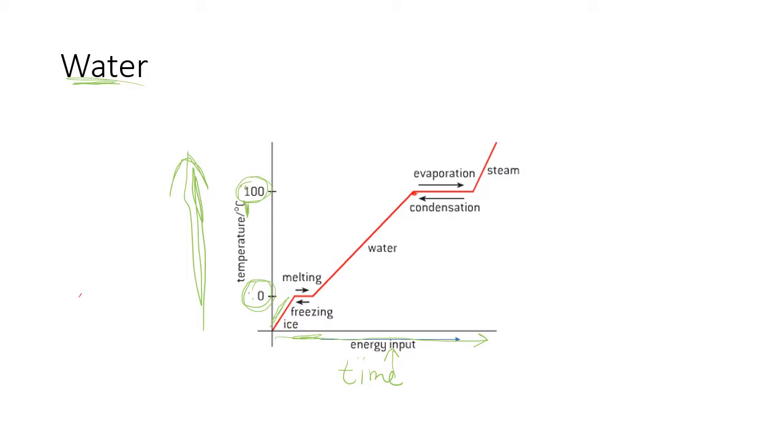And here you can see that once it gets to 0, this is the point that they're teaching, this spot right here. Energy is still being put into the water, but the temperature is not going up.